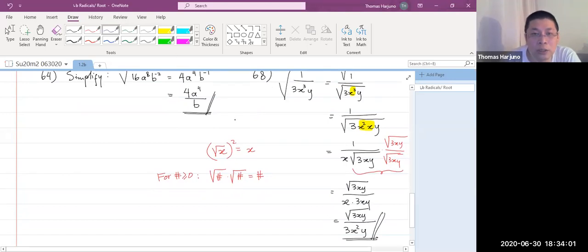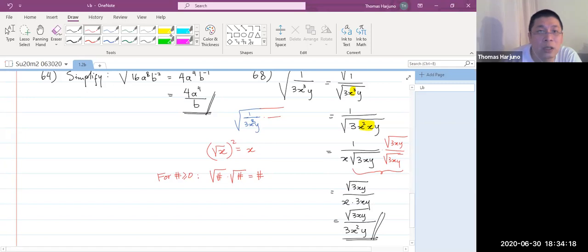Alternative way to do this, if you happen to see from the very beginning that the denominator does not give you a nice thing, what you will do is under that square root, you complete the square. This 3 here, I need another 3 to make it square, so on the top I multiply by 3 also. The x cubed, I need another x to make it perfect square, so it becomes x to the 4th.